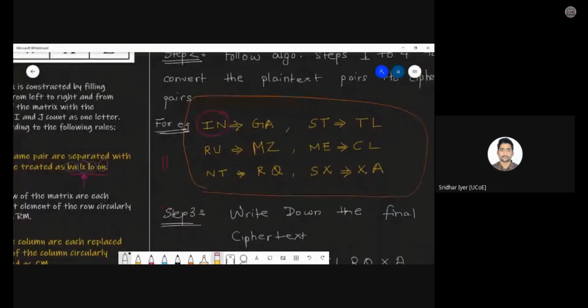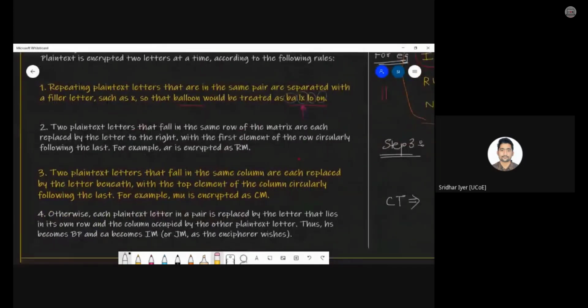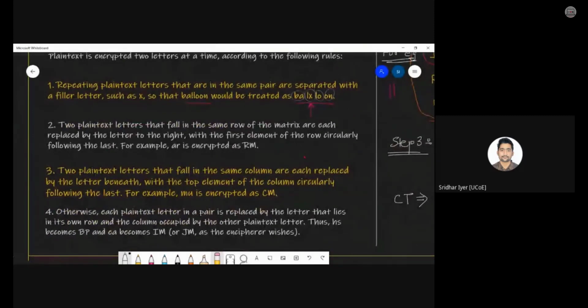If they fall in the same column, then we have to replace the character with the character immediately below it, right? And if the pair doesn't follow any of these three criteria, then we fall back to the last criteria, which is rule number 4: if they form a rectangle or a square, then we consider the diagonally opposite elements of the same row.